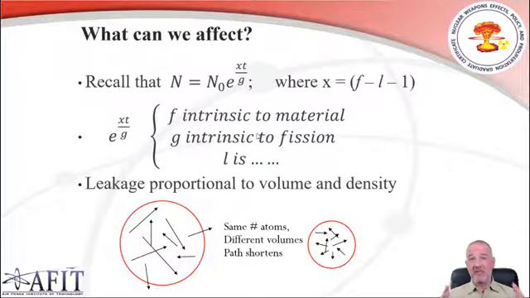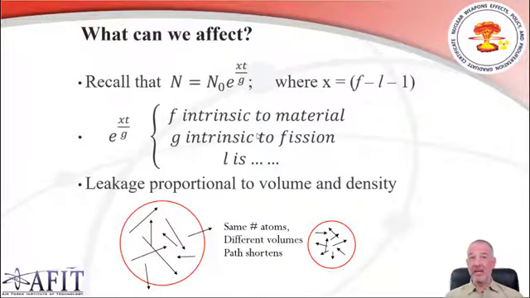It has to do with the volume of the material and or the density. For the volume, you can take the material and make it big enough so that, generally speaking, most of the neutrons born from fission events inside it are not going to escape. Their path length is not nearly long enough to get them out of the material. So that's one way you could do it.